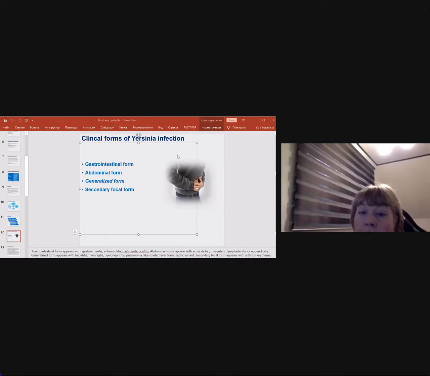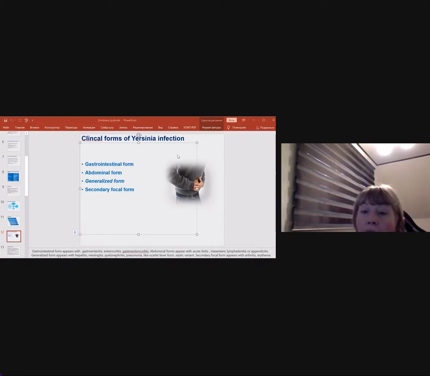I want to repeat that patients with yersiniosis usually have enterocolitis, but gastroenteritis may be present, though rare.